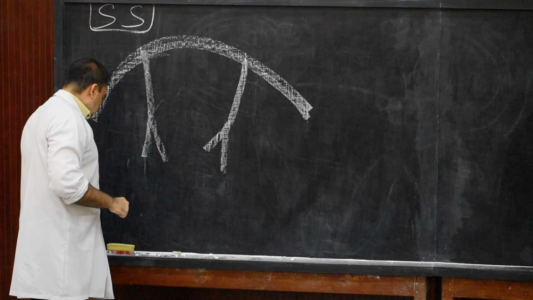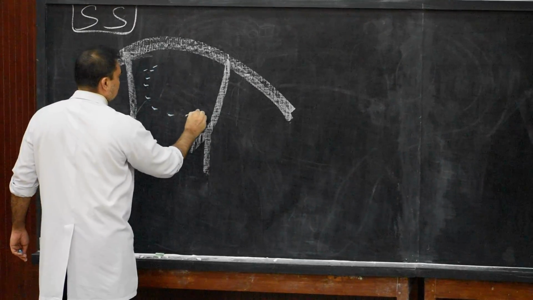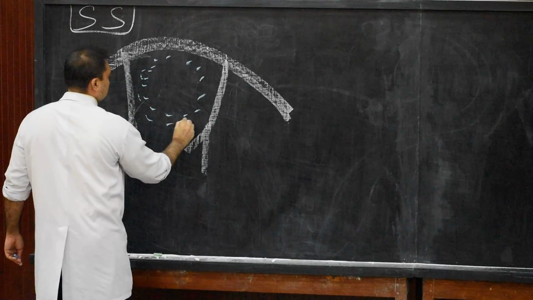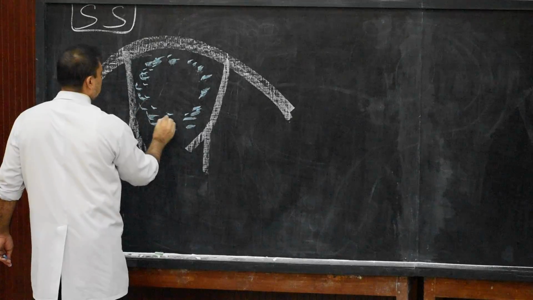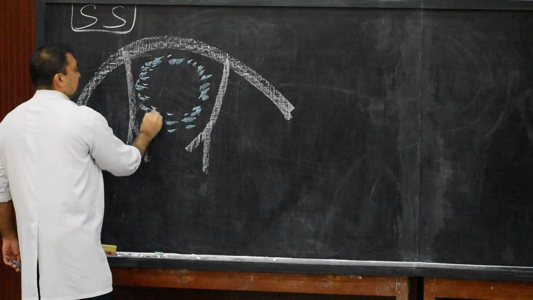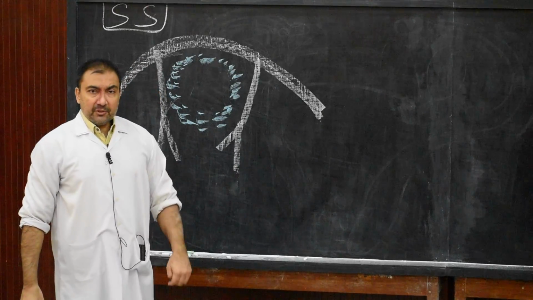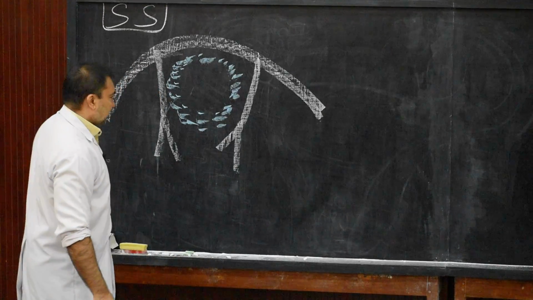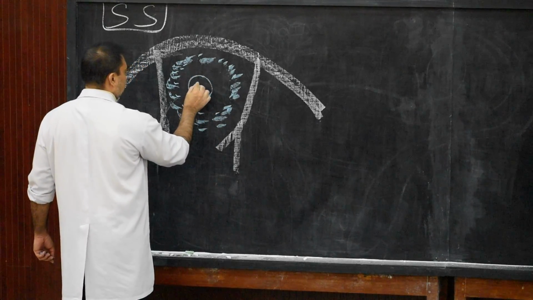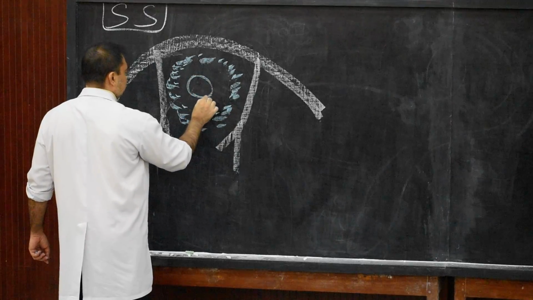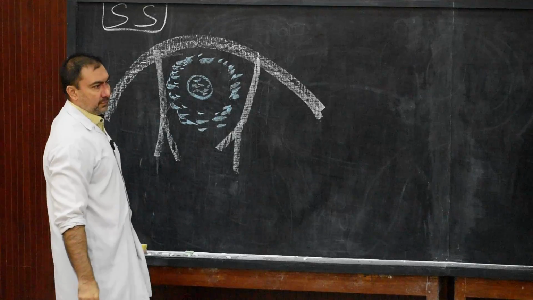If I draw here, this white pulp will have various dot-type cells which we see in the microscope, and these cells are lymphocytes, macrophages, and plasma cells. Majority of the B and T lymphocytes are located here, and in the center of this white pulp there will be a germinal center, and this germinal center will contain lymphoblasts.